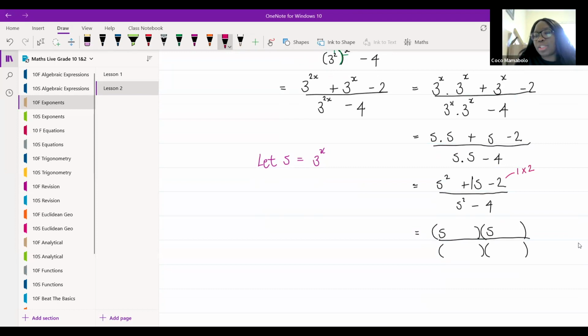I need to get positive 1, so which one is going to be positive and which negative? 2 will be positive and 1 will be negative. So I'll get +2 and -1. Then at the bottom, the difference of two squares looks like S minus 2 and S plus 2.